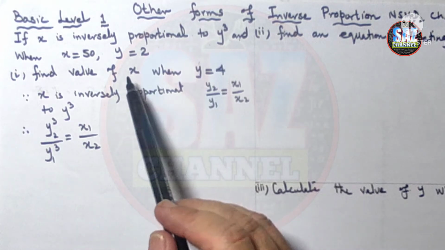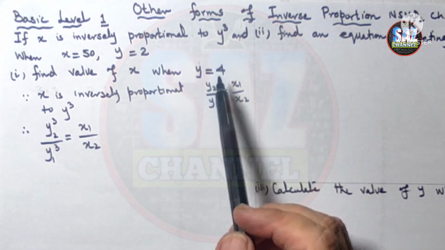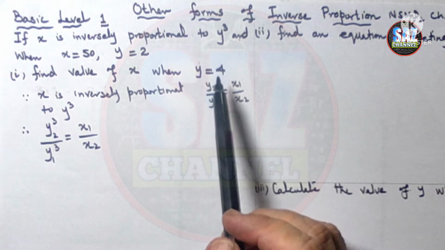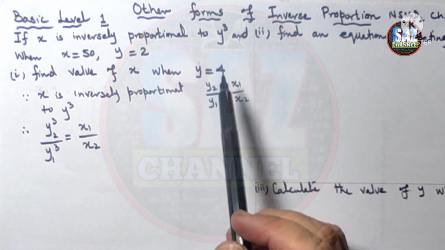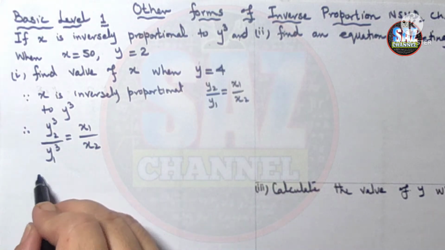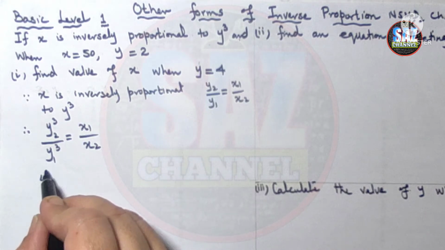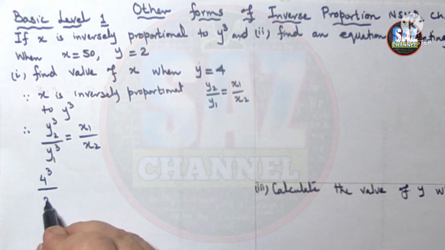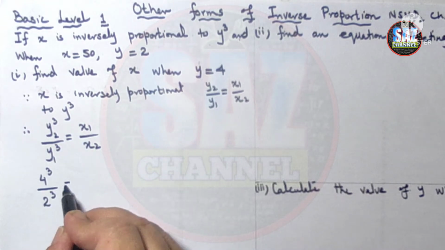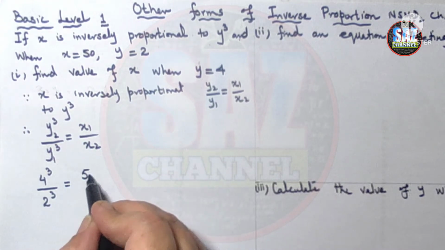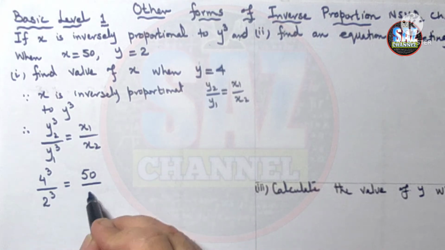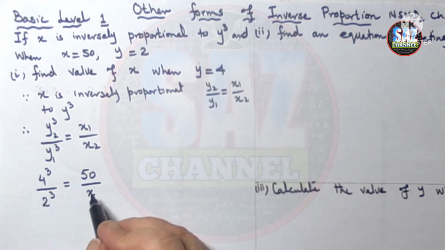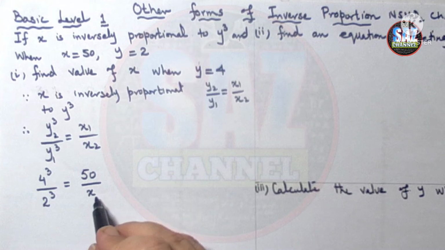This will be x2 and this will be y2. So it means that instead of y2 I have to replace 4 cube upon 2 cube equals 50 upon x2, which is the unknown of the question, or the first requirement.